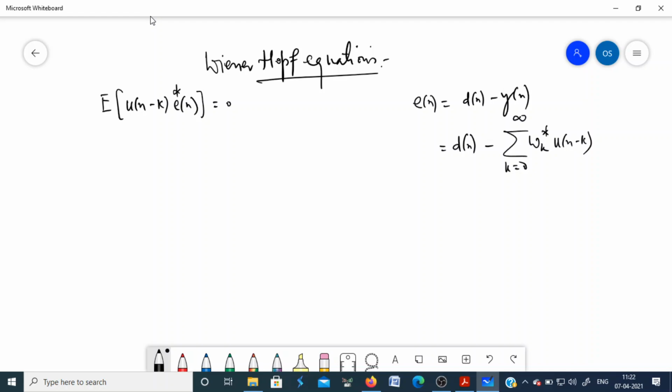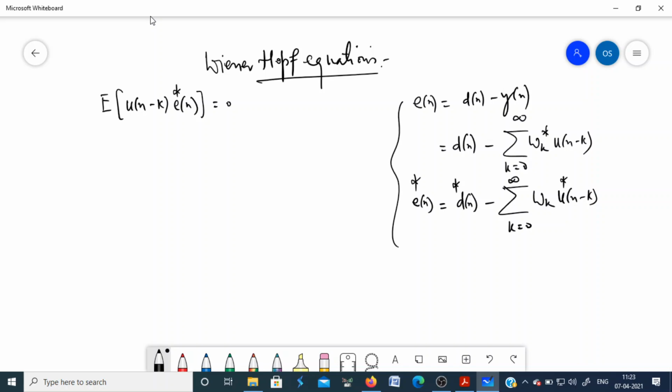So if this is e(n), what will be e*(n)? It will be d*(n) minus the sum from k equals 0 to infinity of w_k into u*(n minus k). This is the conjugate.